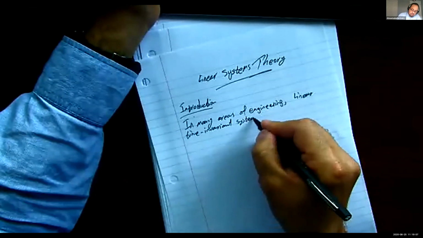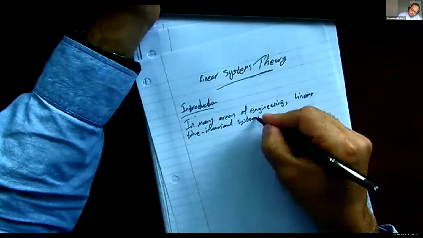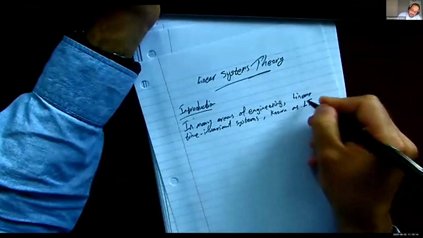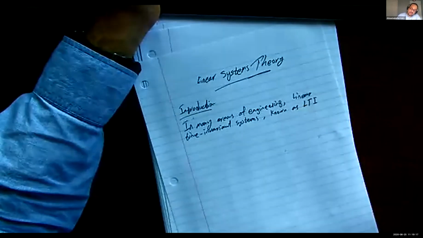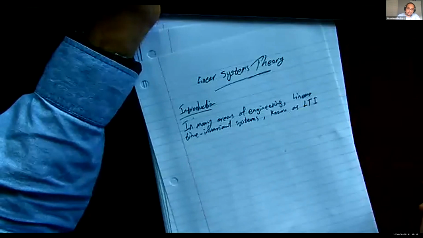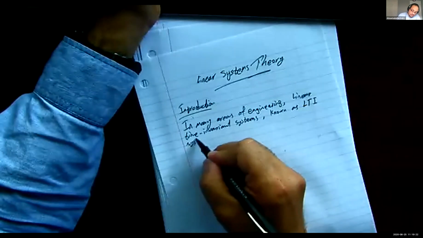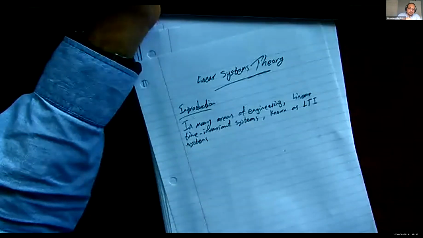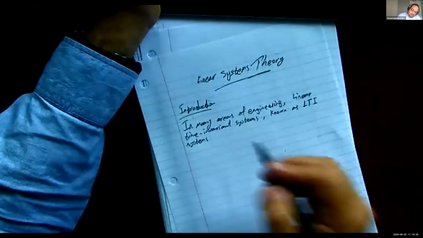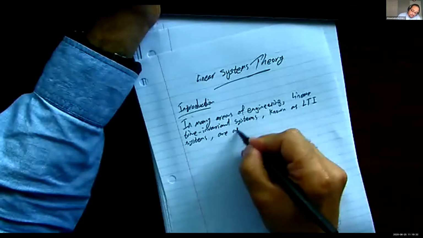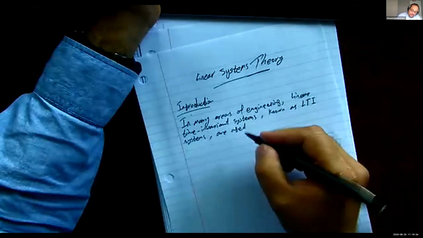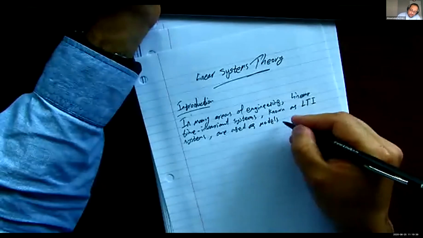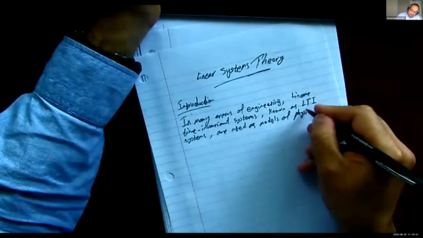We are going sometimes to refer to them as LTI, linear time invariant systems. Linear time invariant systems are used as models of physical processes.